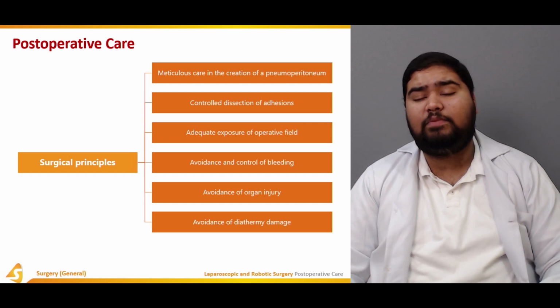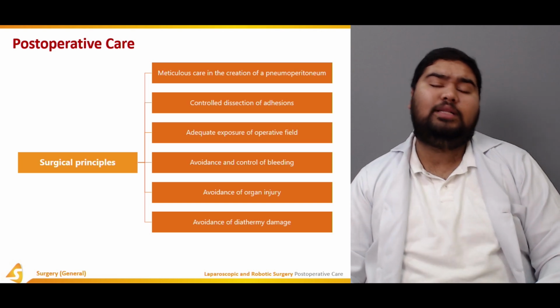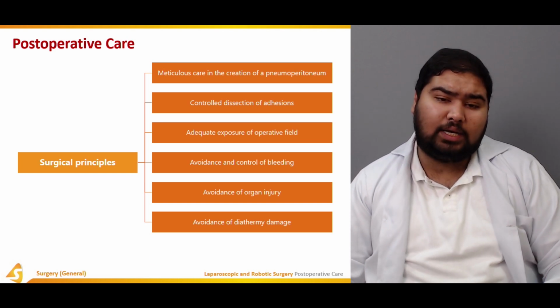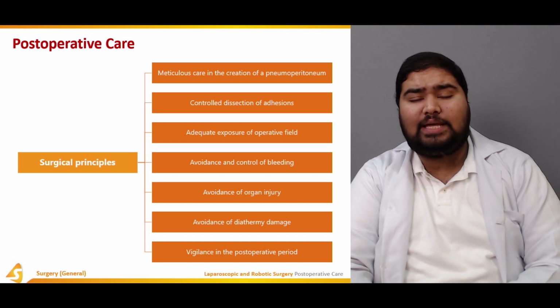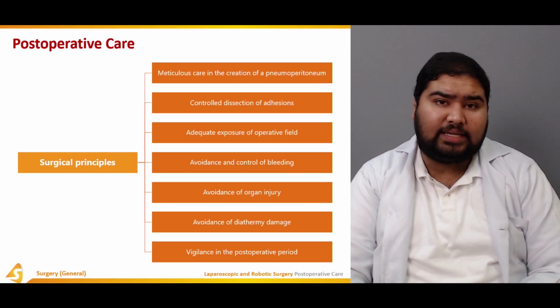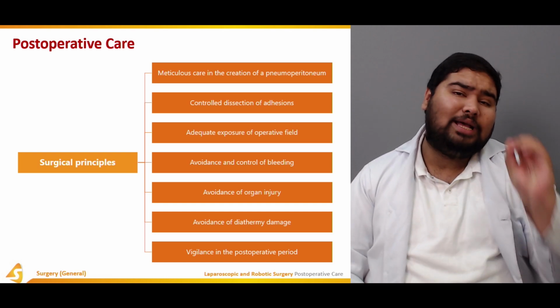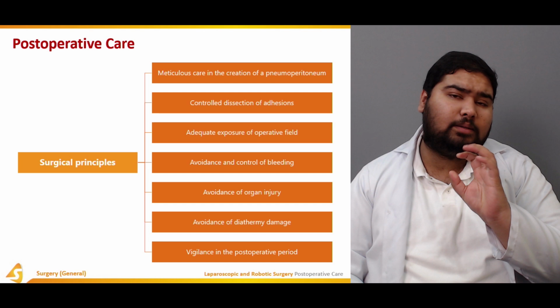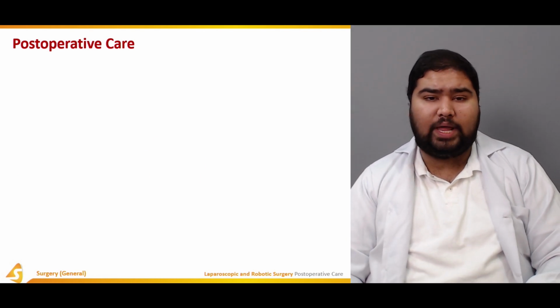Very important, it can be very damaging to the gut. So try to avoid the diathermy damage to the gut. And finally, there should be intense vigilance in the post-operative period. So these are just the basic principles of surgery that actually apply to this minimally invasive surgery as well.